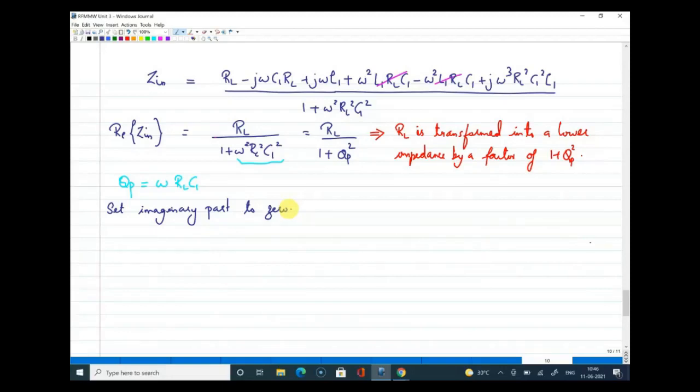So what is the imaginary part here? It is j omega L1 minus j omega C1 RL plus j omega cube RL square C1 square L1, and this should be equal to 0. All the imaginary terms should be equal to 0.